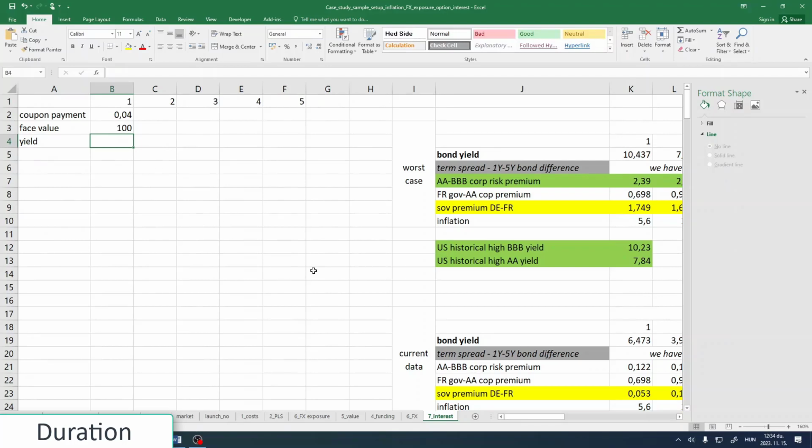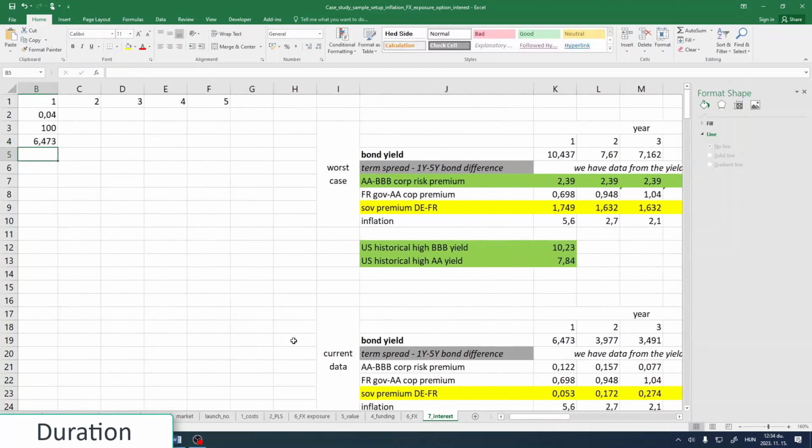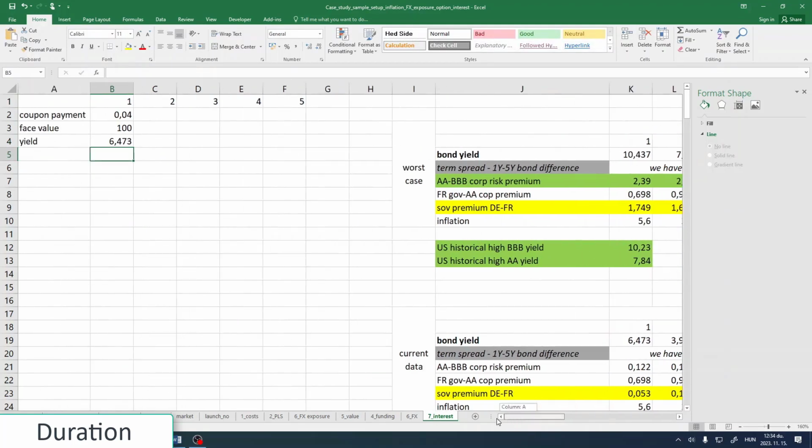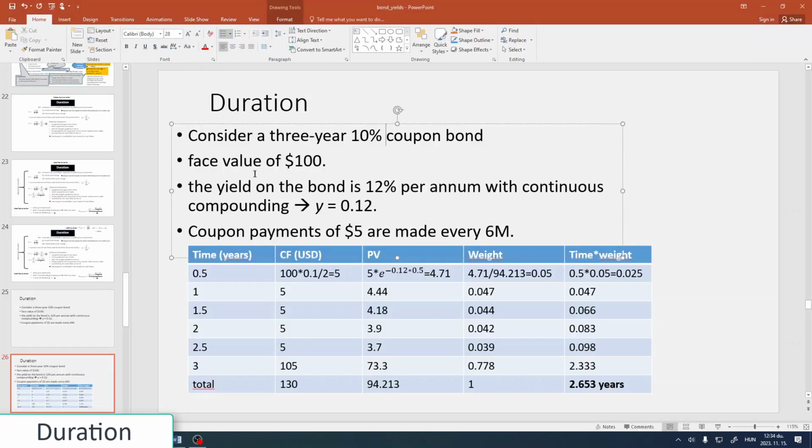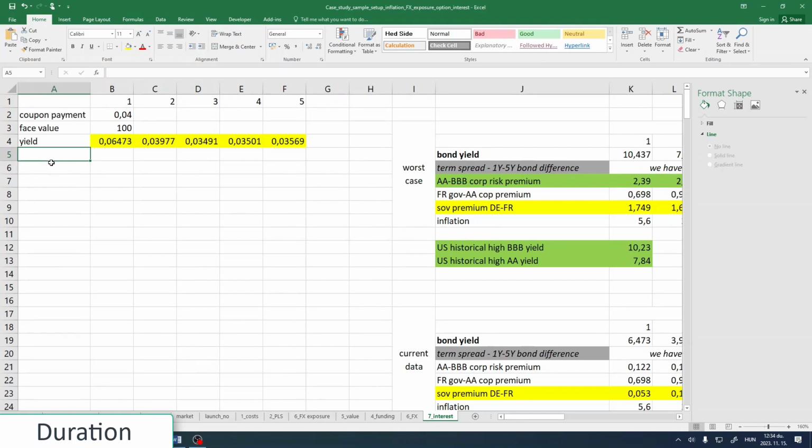Then our beautiful yield should come from here. Tap. And we should divide it by 100, because it will be easier. And also we should highlight that this is calculated data, coming from somewhere. Then, okay, coupon payments are made every 6 months.